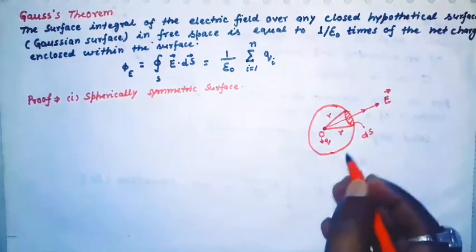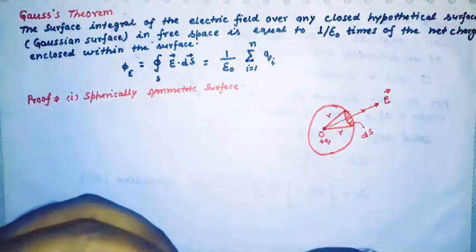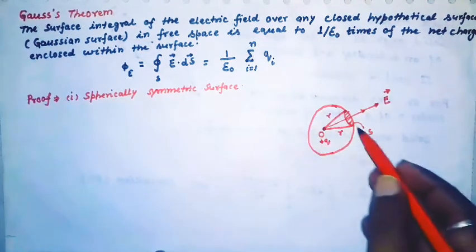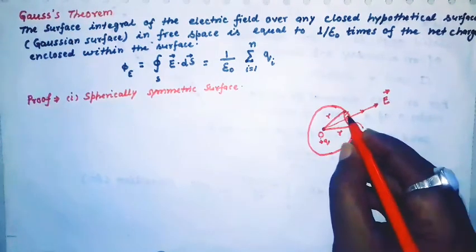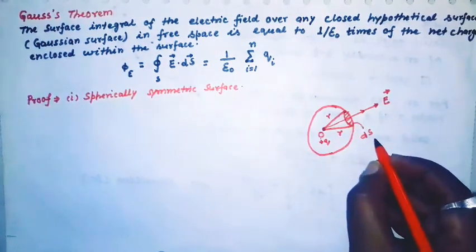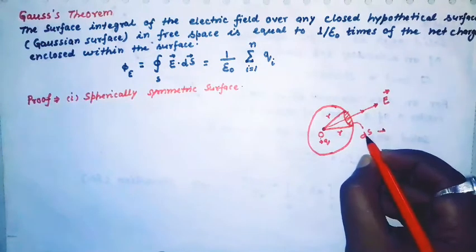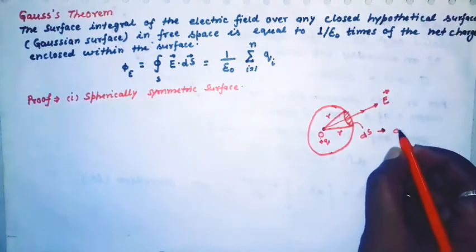So now we have to calculate the total flux across this whole surface. We will first calculate the flux across this small surface ds. Suppose the flux across ds is denoted by d phi.